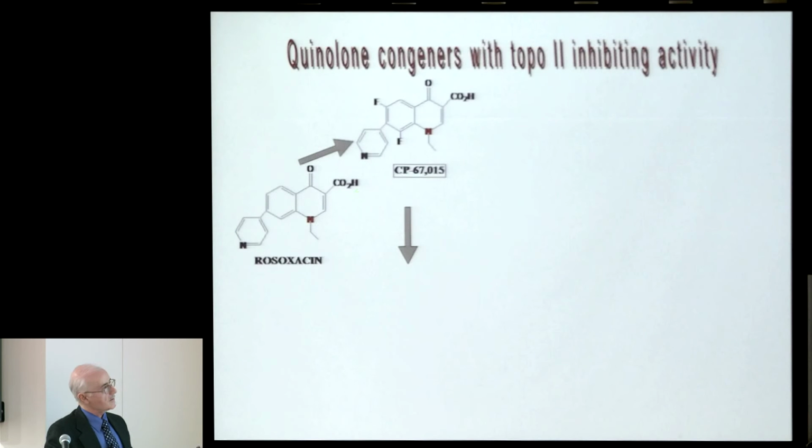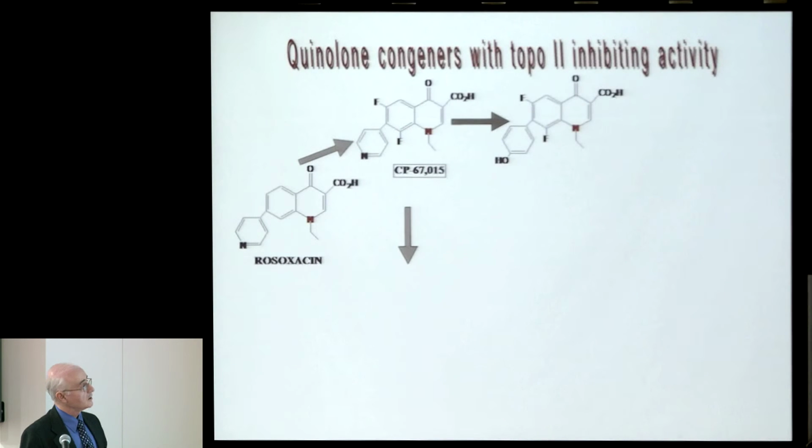They took two different approaches to improve the activity of rosoxacin. The first approach is what we call peripheral modification, meaning the benzene ring is substituted with something else. The difference between rosoxacin and this one is just two fluorines in this location. From here, there is another molecule in which they changed the pyridine to hydroxyphenyl.